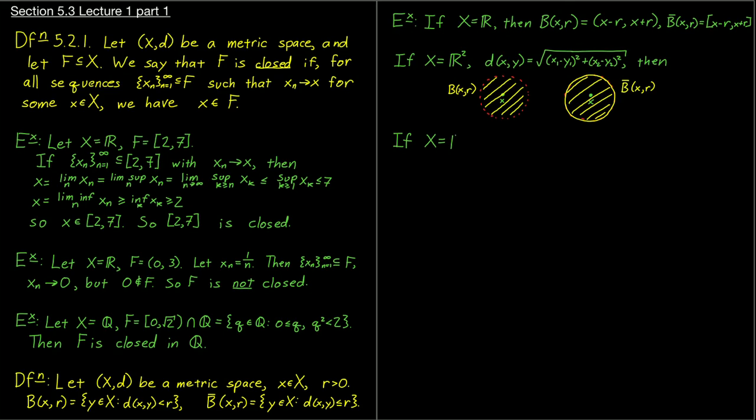So if we take the same set, R2, because it's easy to draw, and then we say the distance from x to y is just the coordinate distances added without doing any squaring, then in this case balls end up looking like these sort of diamond shapes.